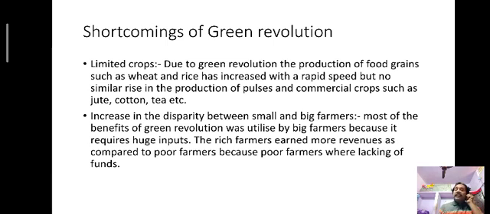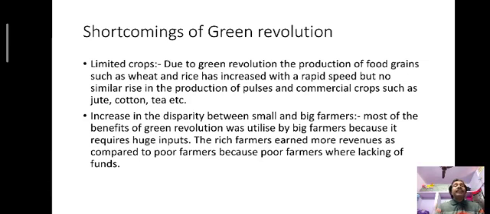We have already discussed the benefits. So now come to the shortcomings or the problems. First, limited crops. Due to the Green Revolution, the production of food grains such as wheat and rice has increased with a rapid speed, but there was no similar rise in the production of pulses and commercial crops such as jute, cotton, tea, etc. So in simple words, we can say that the Green Revolution occurred in only two crops.